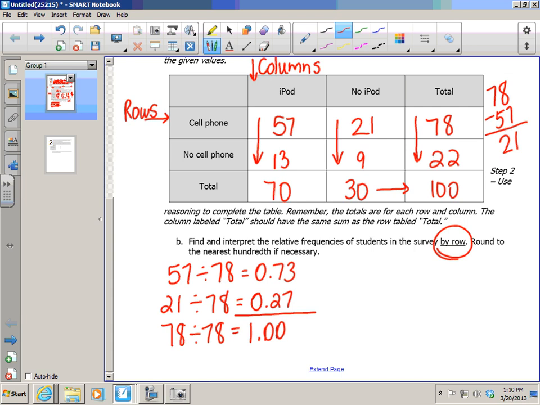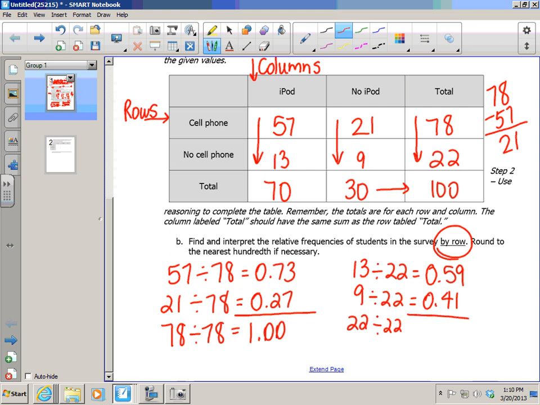The no cell phone, we have 13 out of a total of 22 at 0.59. We have 9 divided by 22 at 0.41. And 22 divided by 22 gives us our whole, and the two numbers add up to a whole.